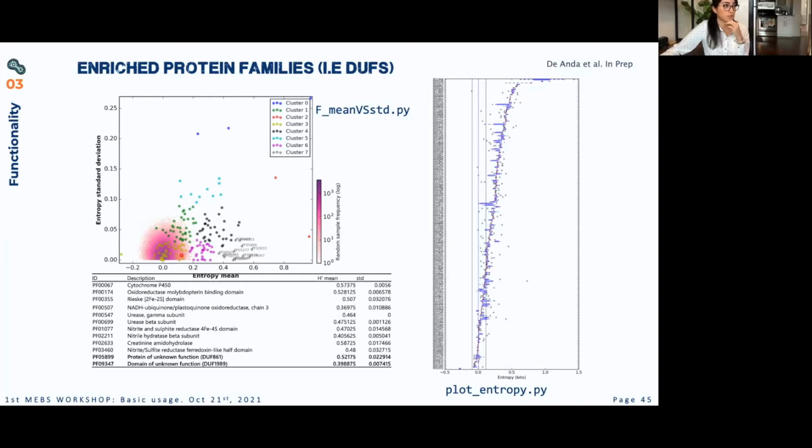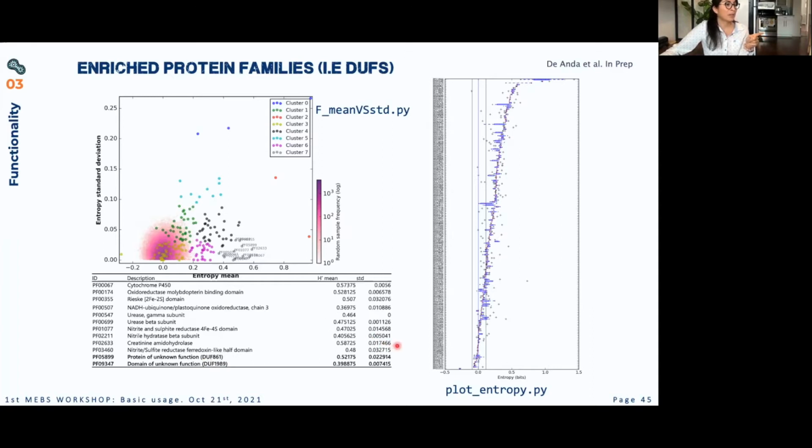They are, let's say, separated from the random distribution. The good thing about this analysis is that we can capture proteins that are domains of unknown function that are very enriched, or let's say conserved, in organisms. In this case, they are for nitrogen. Yes, this is for nitrogen.